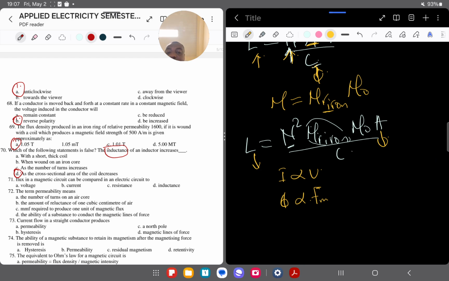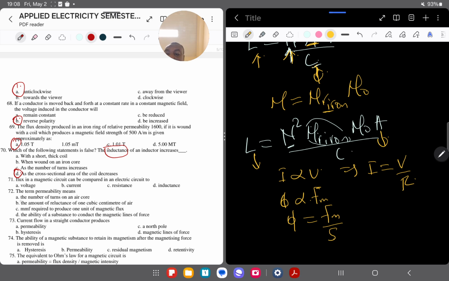With this you get Ohm's law as voltage over resistance, and you also get MMF over S, where S is the reluctance.